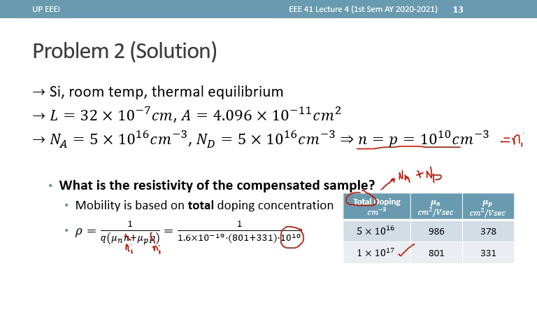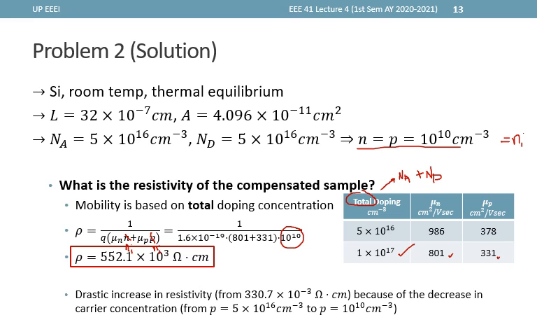Now inside the brackets, we're just left with mu n plus mu p, which is 801 plus 331. Then we've factored out ni, which is 10 raised to the 10. So we can compute the resistivity as 552.1 times 10 raised to 3 ohm centimeters.